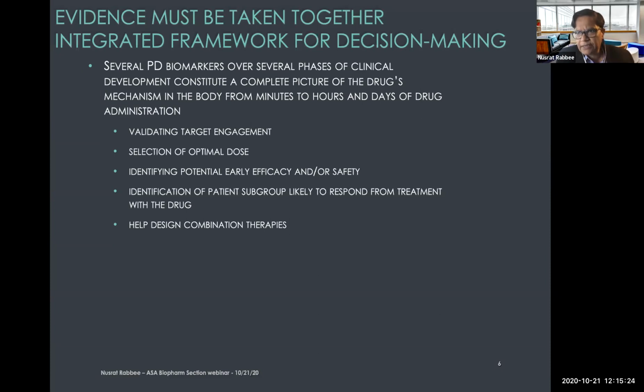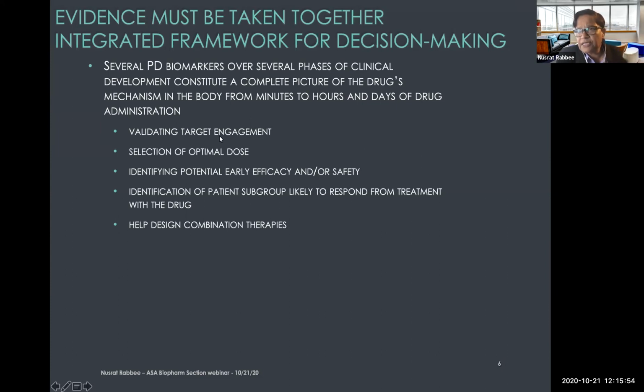Now that the science is progressing, people are interested in and actually do understand more about the disease. They want to know more about the disease, and also how the drug or the pathway that the drug targets interacts with the disease. So we want to know the drug's mechanism in the body from minutes to hours to days of drug administration.